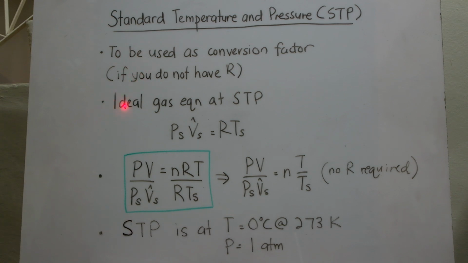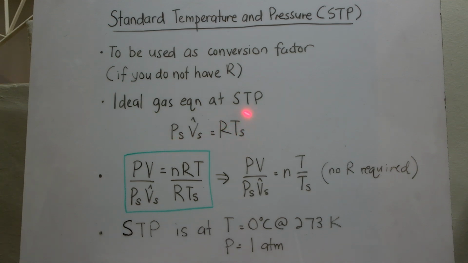Okay, so this ideal gas equation at STP will look like this. Previously we have PV equals nRT, but for the ideal gas equation at standard temperature and pressure, STP, it will look like this: P standard, V specific molar volume standard equals RT standard.